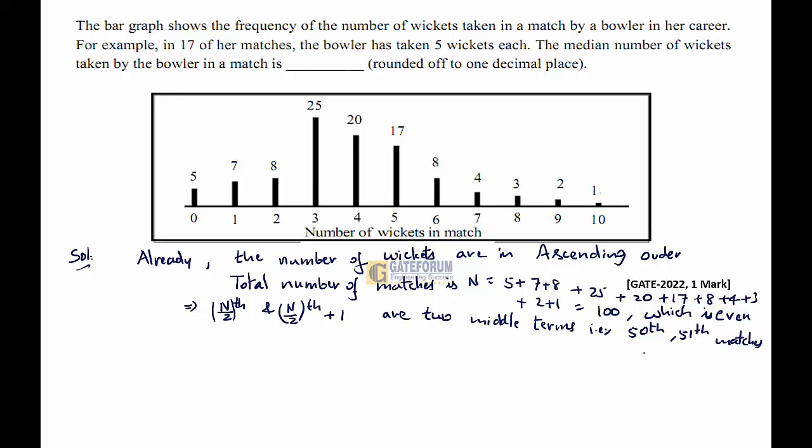Okay. The number of wickets corresponding to the 50th and 51st matches are the 2 middle terms, because the question is related to the number of wickets.